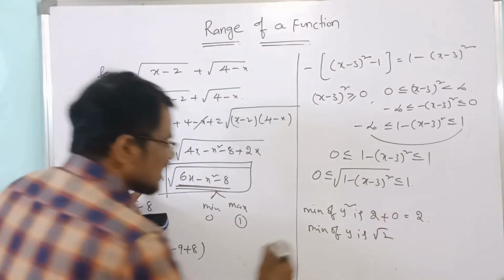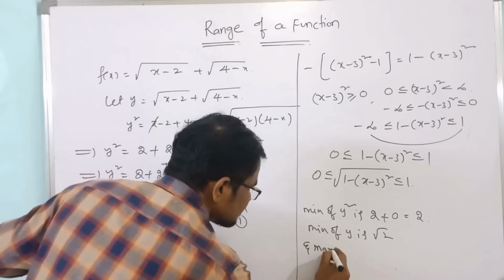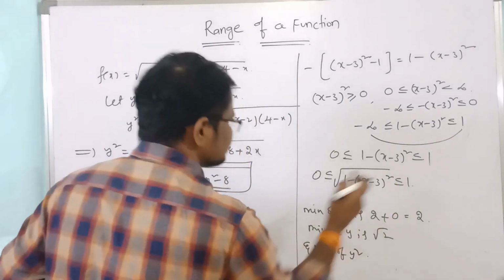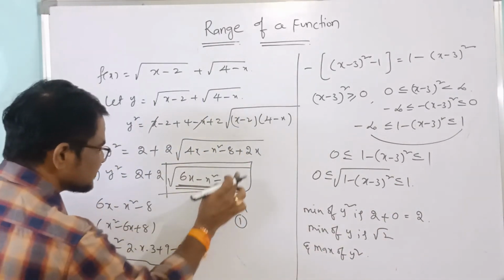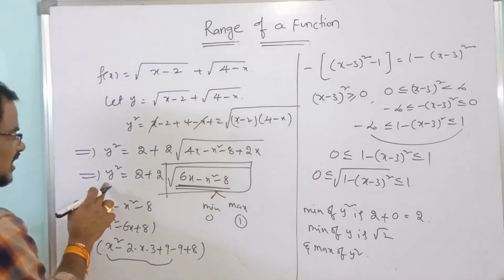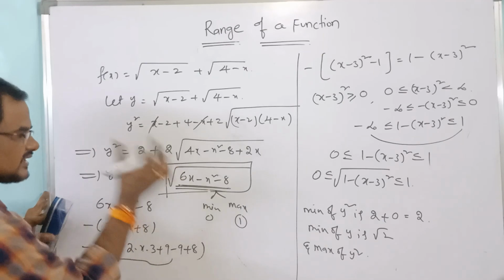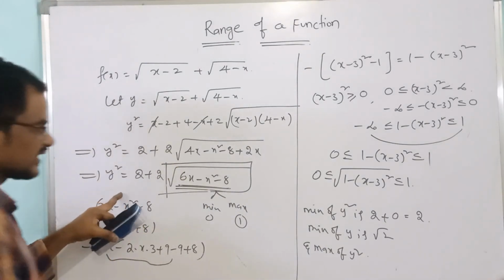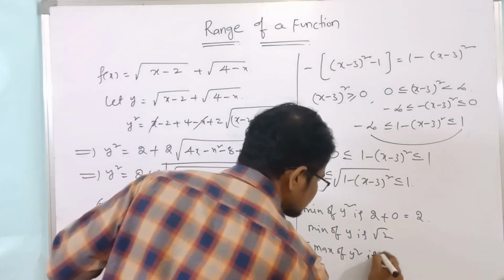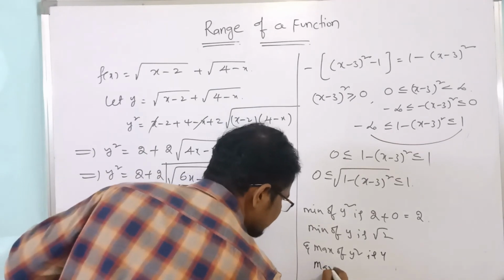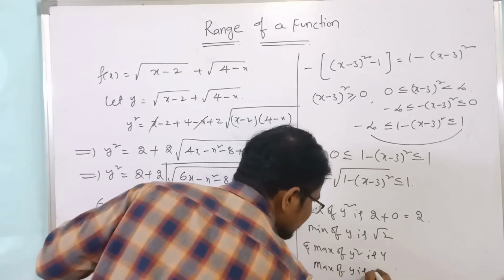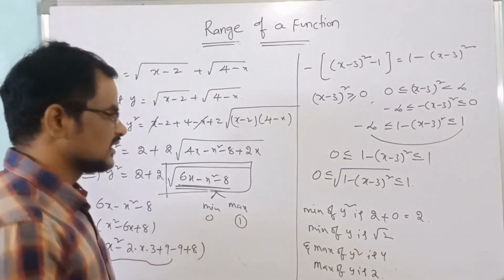And for the maximum of y square, substituting the maximum of this one, which is 1, what will you get? 4. The maximum of y square is 4. So the maximum of y is 2.